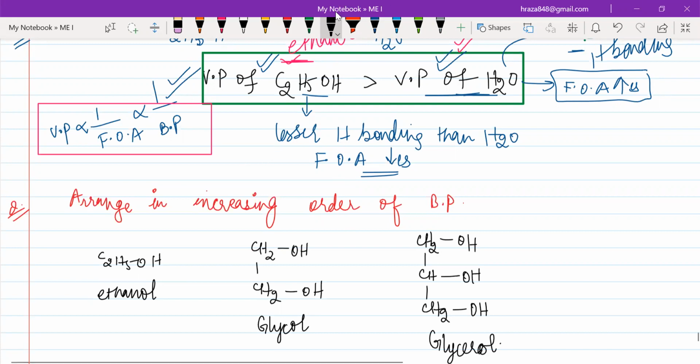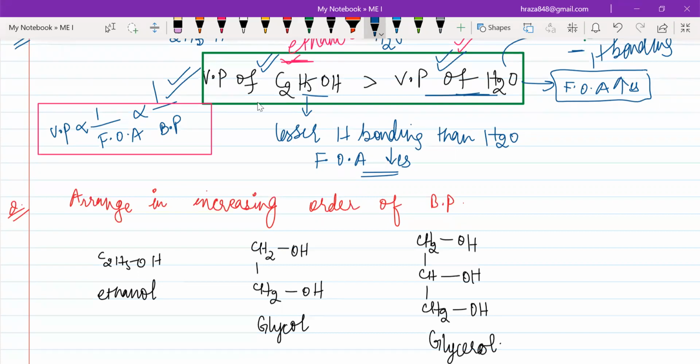In which the vapor pressure will be... So ethanol less than glycol less than glycerol.